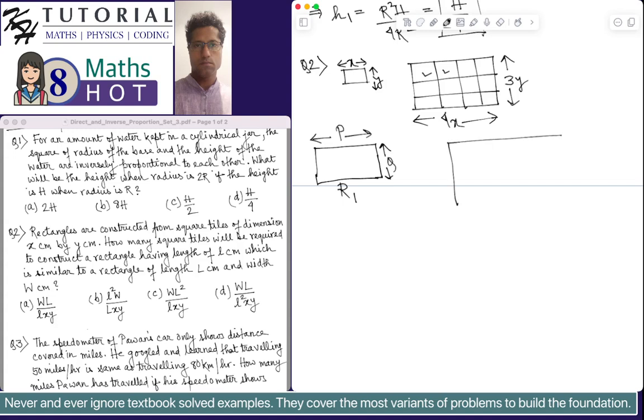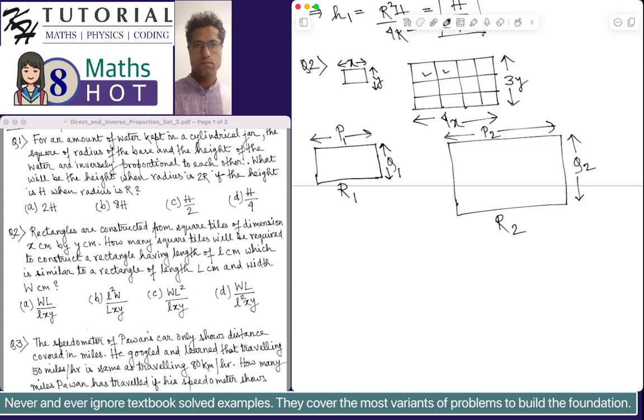Let's consider another rectangle R2, similar to R1, with length P2 and width or breadth Q2.